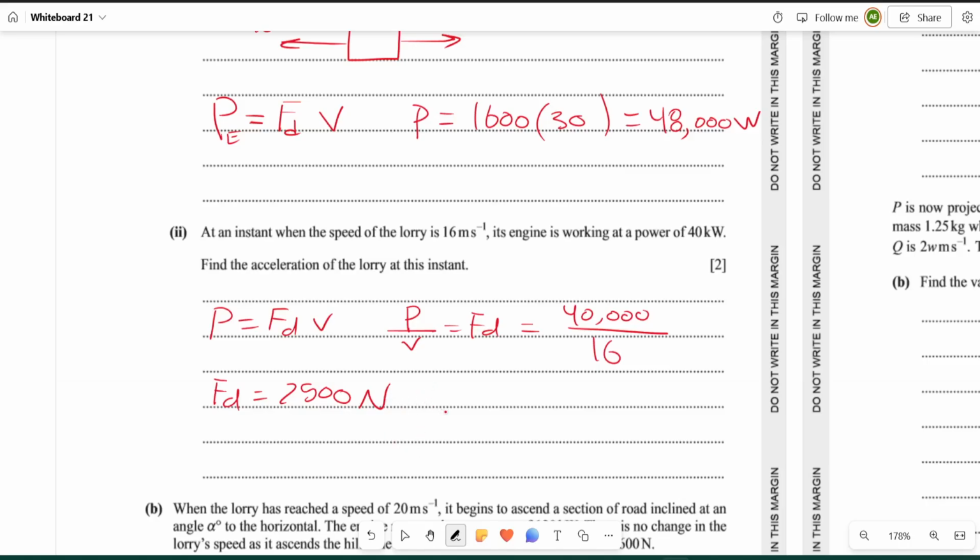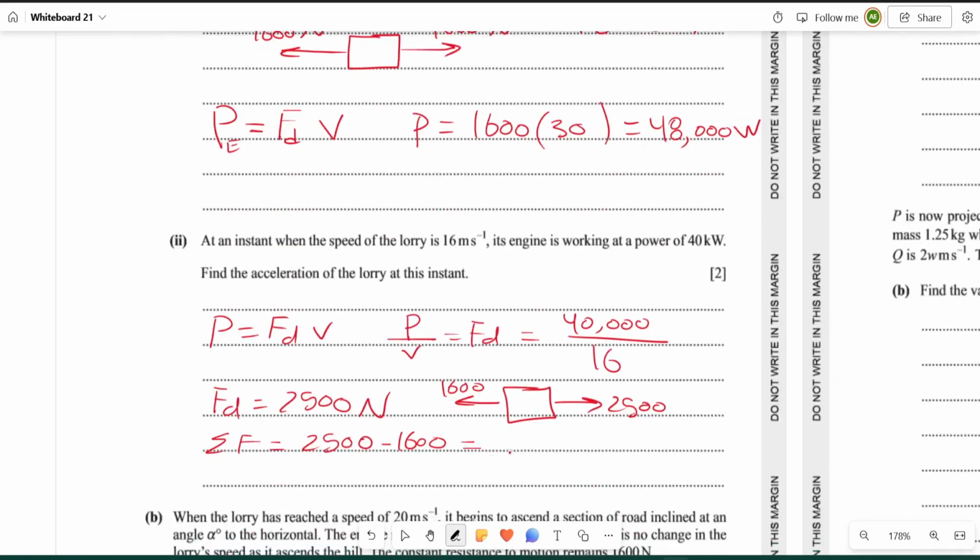And I know that this is going to be the driving force. So again, if I draw my diagram, that's my driving force. Right now, my resistance to motion is 1,600 as it is. So now I have an acceleration because the forces are unbalanced. Sigma force is 2,500 minus 1,600, which equals mass times acceleration. My mass is 18,000.